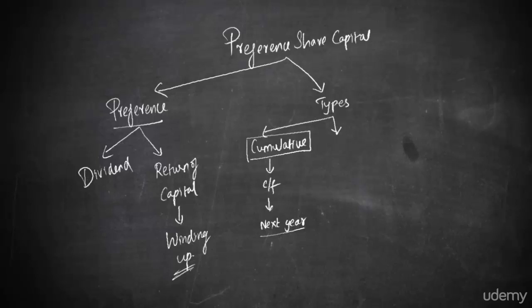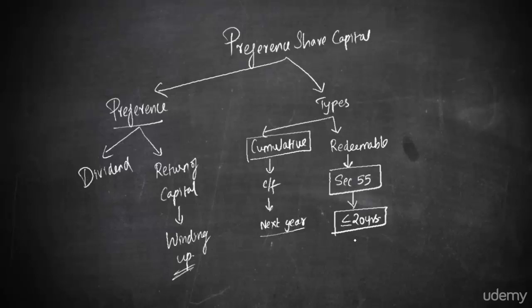Then the second type of preference share is redeemable preference share. The details are available in section 55 of the Companies Act 2013. When we say redeemable, it should not exceed 20 years, that is, it should be redeemable within 20 years.